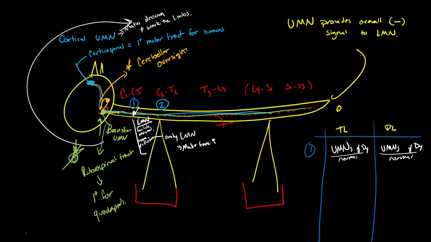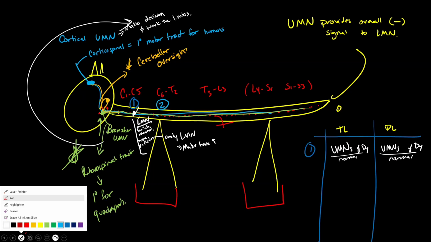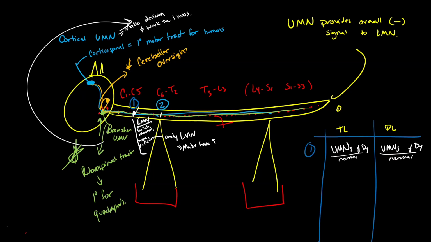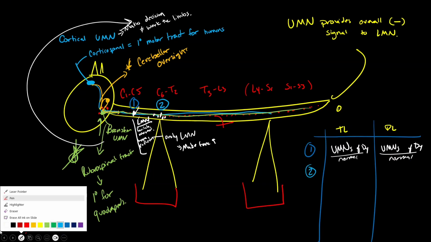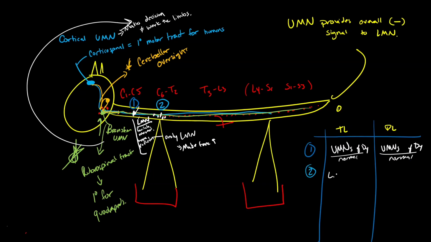Lesion 2 now, when we have that lesion affecting our cord, again, we're still damaging those upper motor neuron tracts, but we're also damaging these lower motor neurons. And so what we're going to see here at lesion 2 is going to be the lower motor neuron signs of dysfunction.